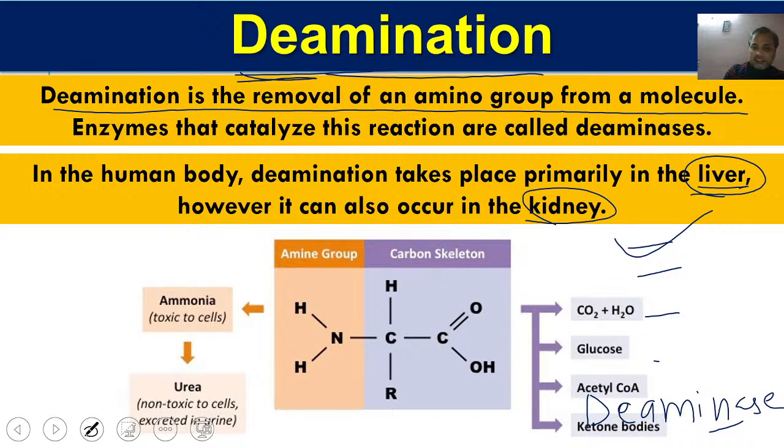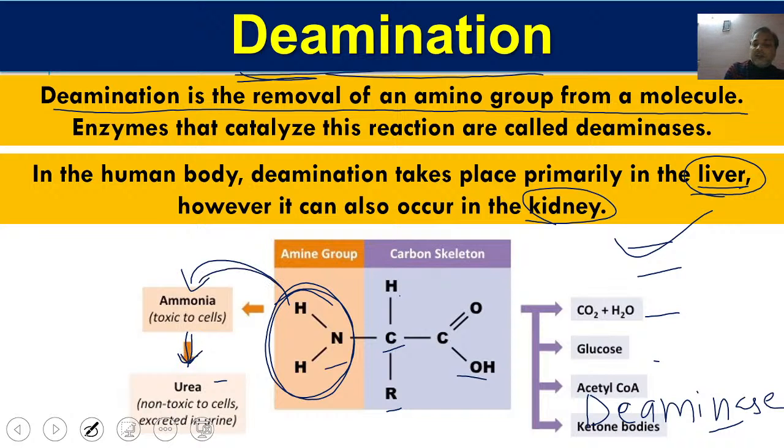So this is the amino acid which has a central carbon, amino group, R group and COOH group. If we remove this group in the form of ammonia, it is ultimately excreted in the form of urea, because ammonia is toxic, so we have to remove it from our body in the form of urea, which is water soluble.